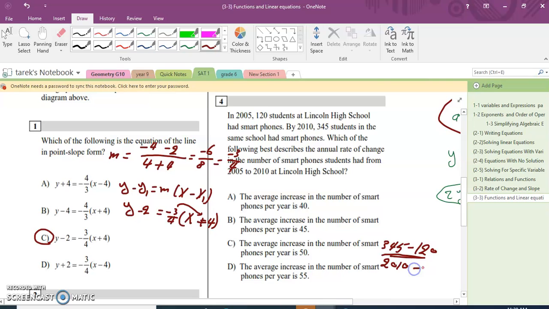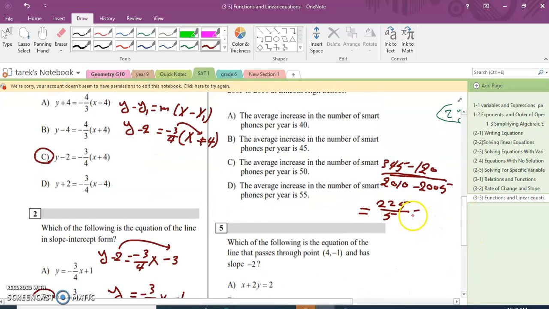From 2005 to 2010. So the increase is 225 over 5 years, which is 45. So the average rate is 45.